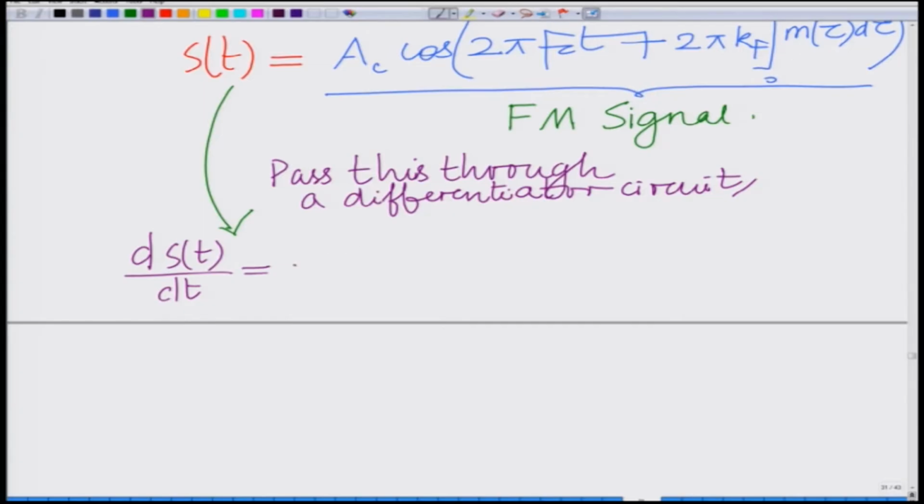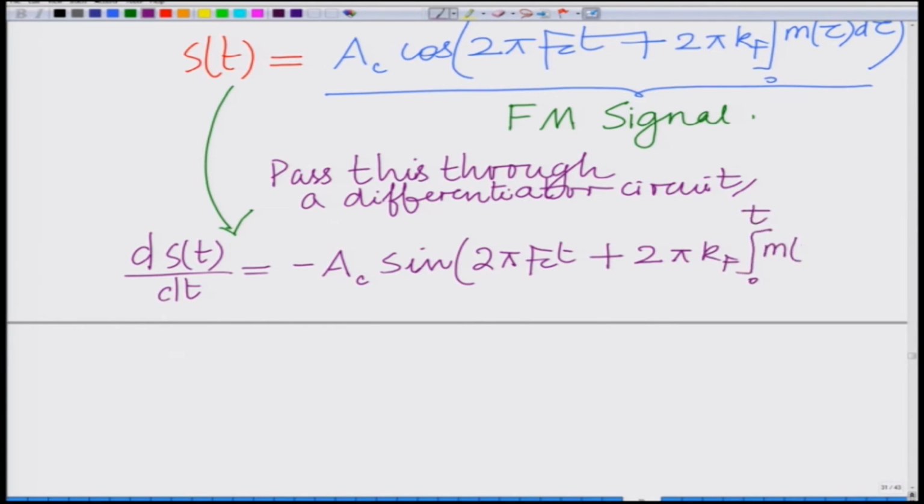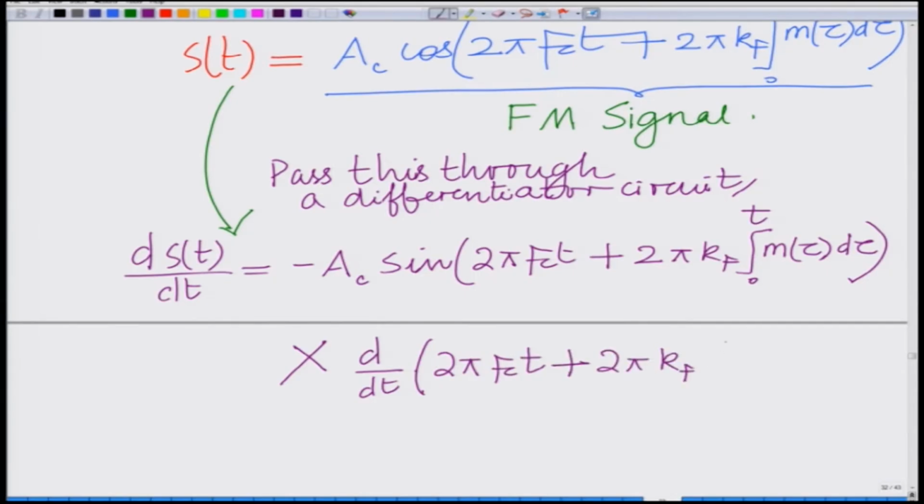The derivative of cosine is minus sine, so we get minus A c sine of 2 pi f c t plus 2 pi k f integral m of tau d tau, times the derivative of the argument of the cosine function.